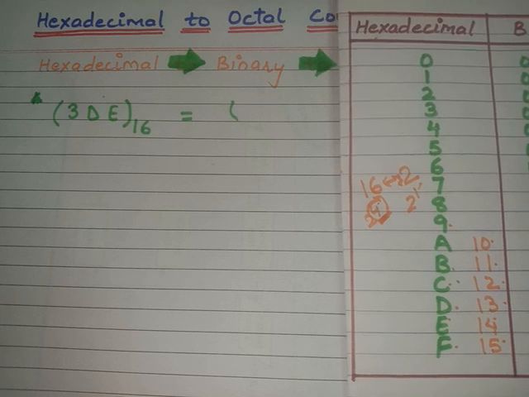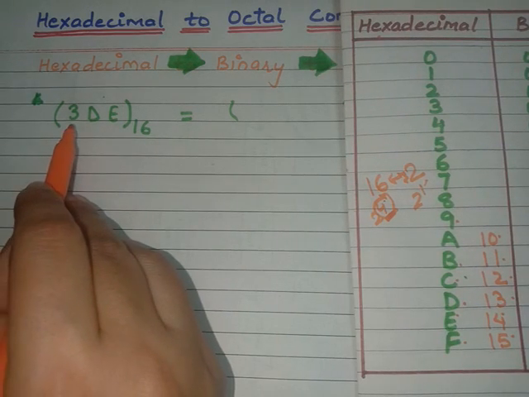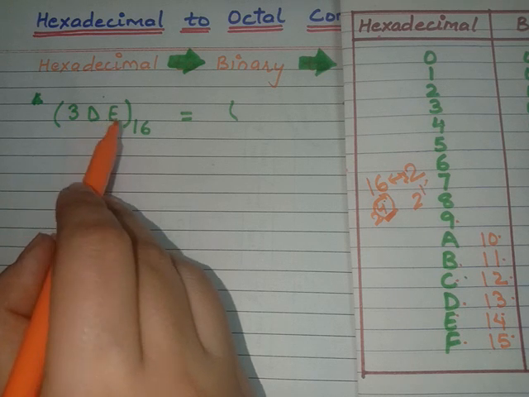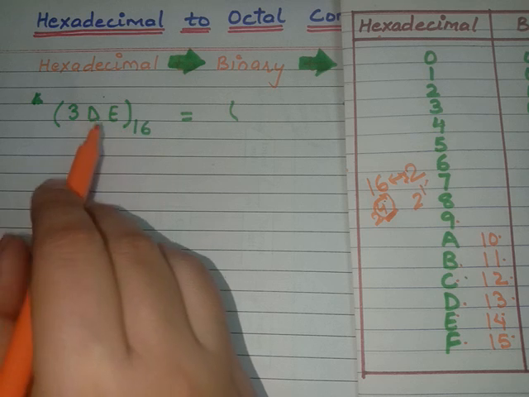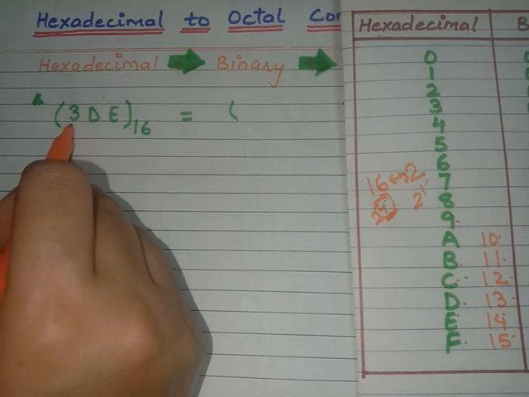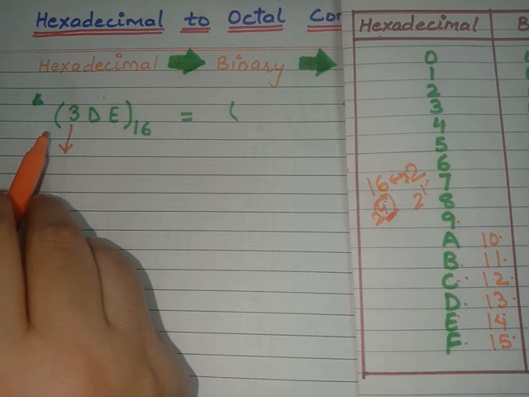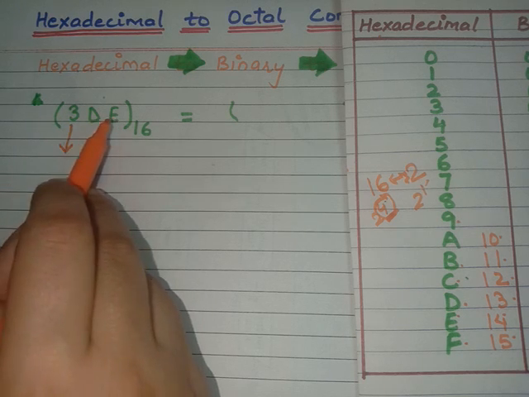So coming back to the example, here we have this number 3DE. This is a hexadecimal number. First of all, we have to convert it into binary. I will be writing the 4-bit binary number of each hexadecimal digit one by one.